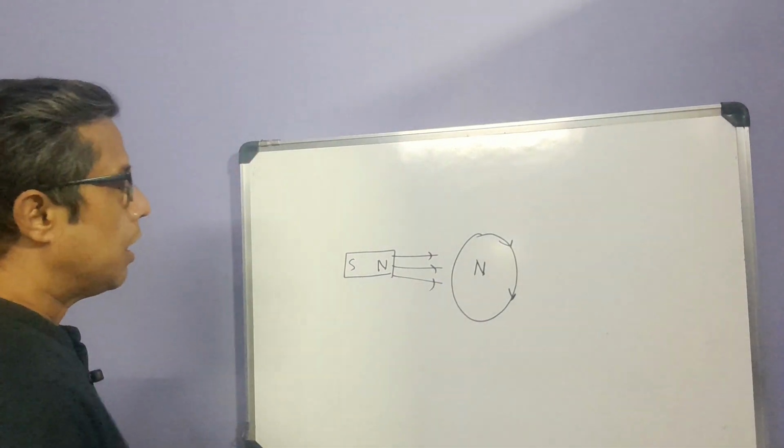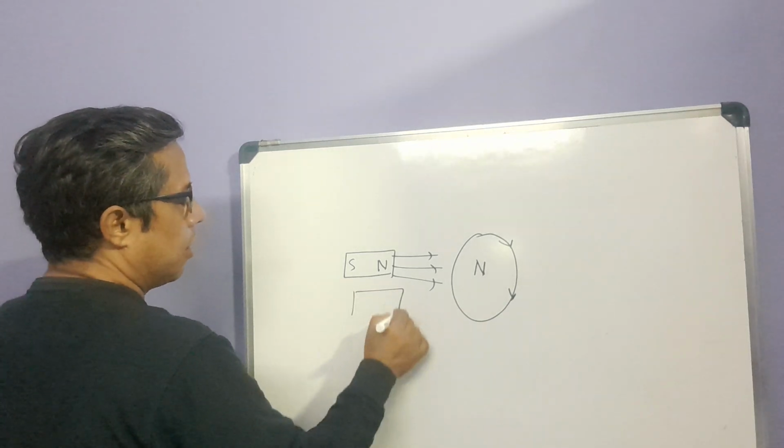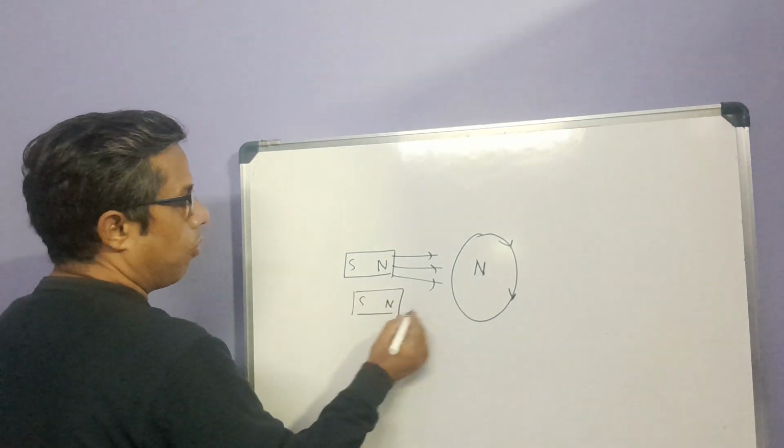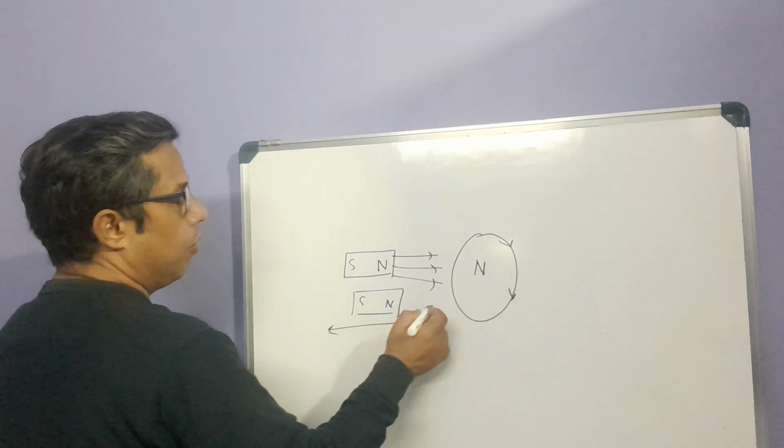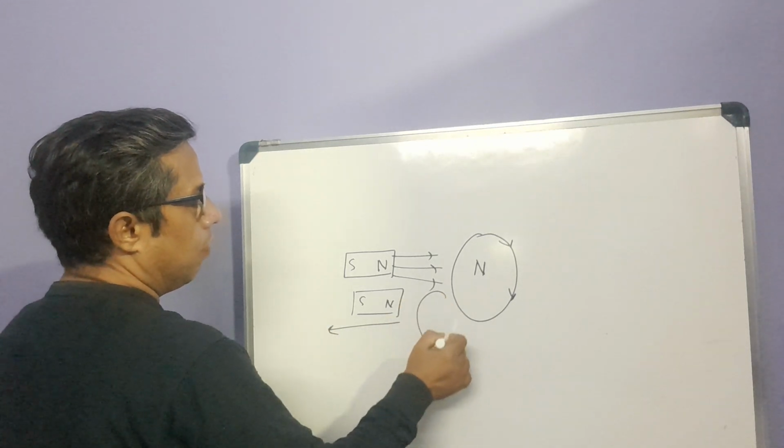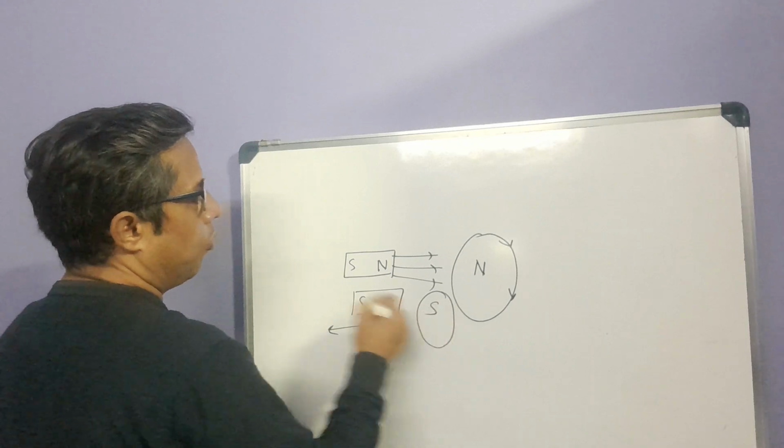Similarly, if we take this magnet away from the coil, what will happen? We'll get a south pole here.